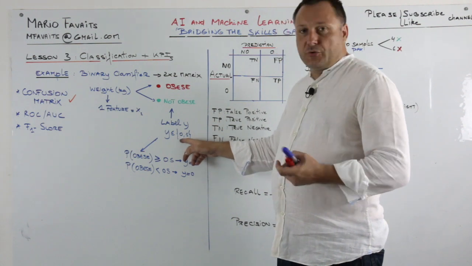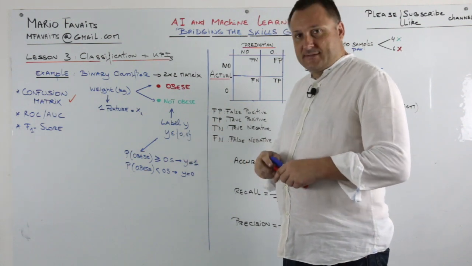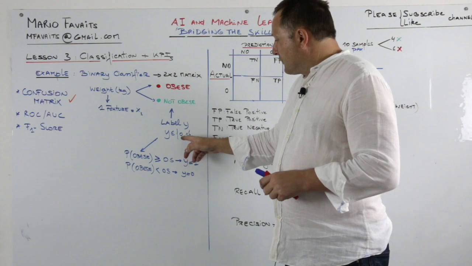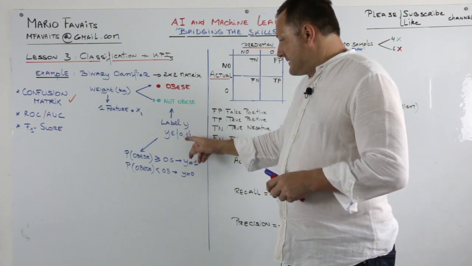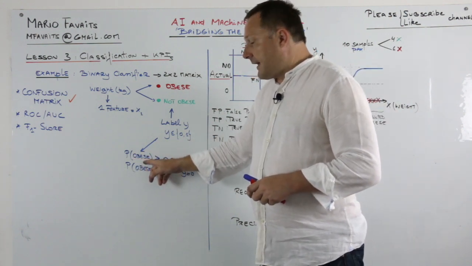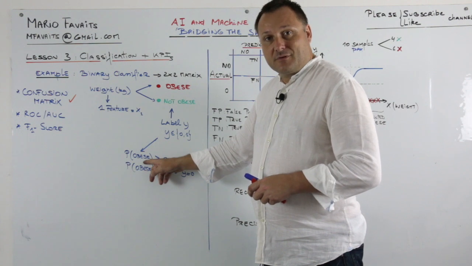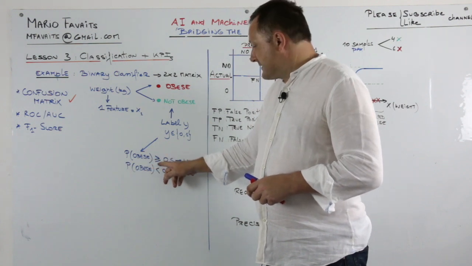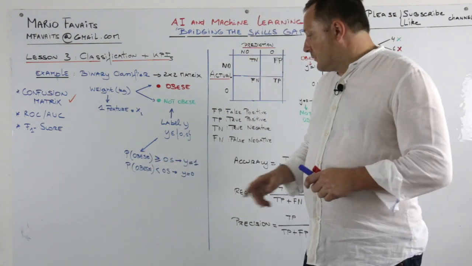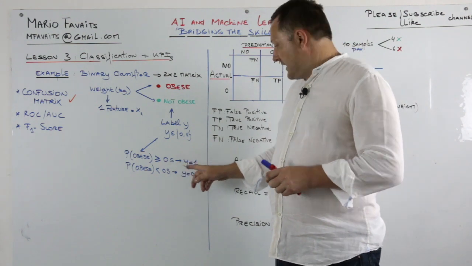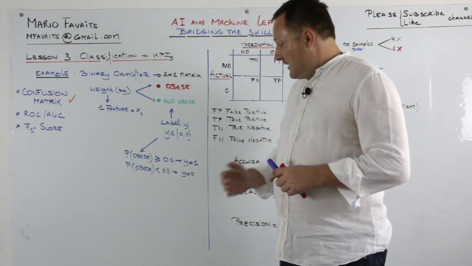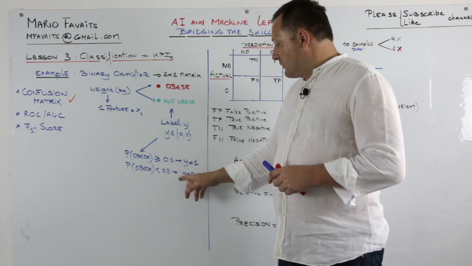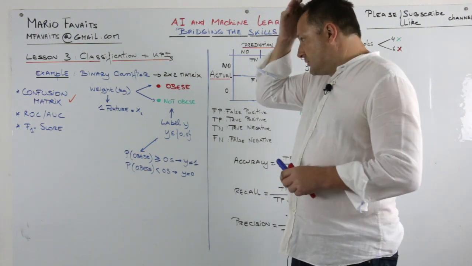Y is 0, not obese, and Y is 1, obese. We will predict obese if the chance of the person being obese is greater than or equal to 0.5. Then we will predict Y is 1. In the other case, we will predict Y is 0.